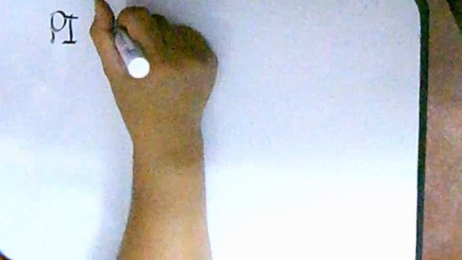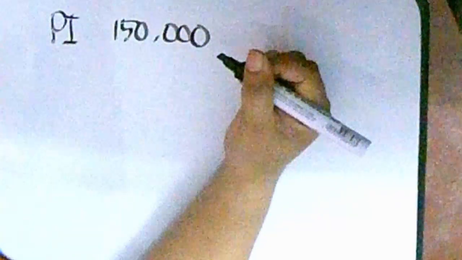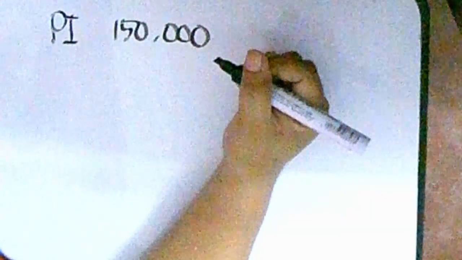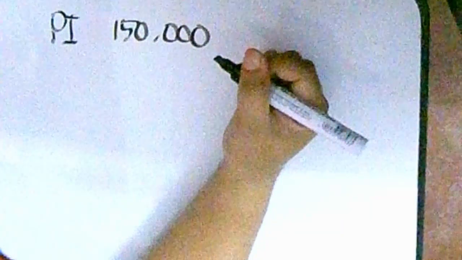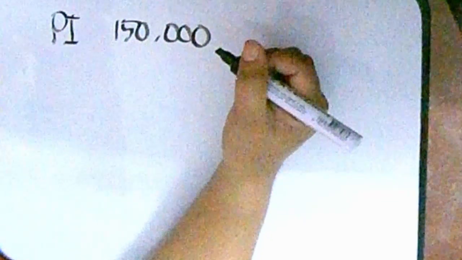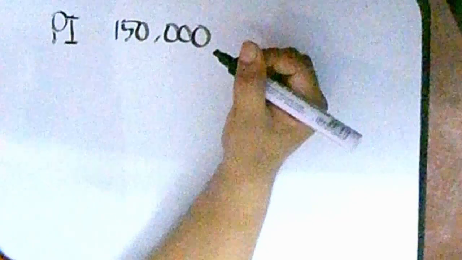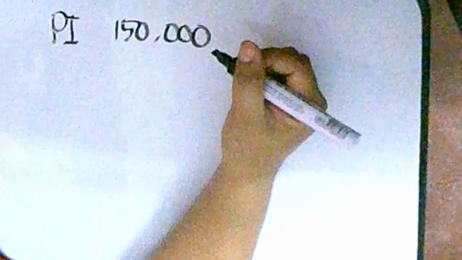So, purchase invoice natin, yung amount is 150,000. Tapos, meron tayong discount na 2%. Sabi dito, using net method. So, kapag sinabing net method yung gagamitin, ibig sabihin, babawasan na natin yan agad, whether nakabayad siya within the discount term or hindi.